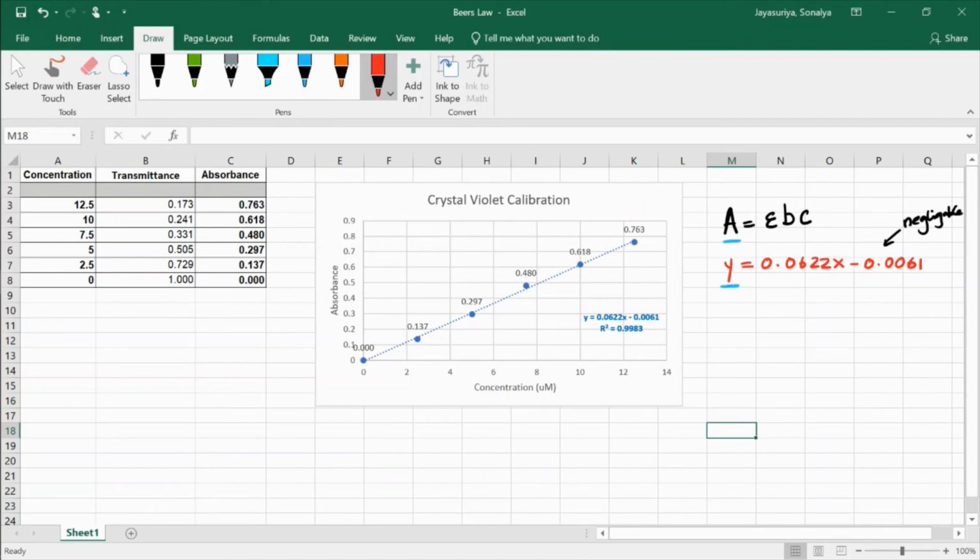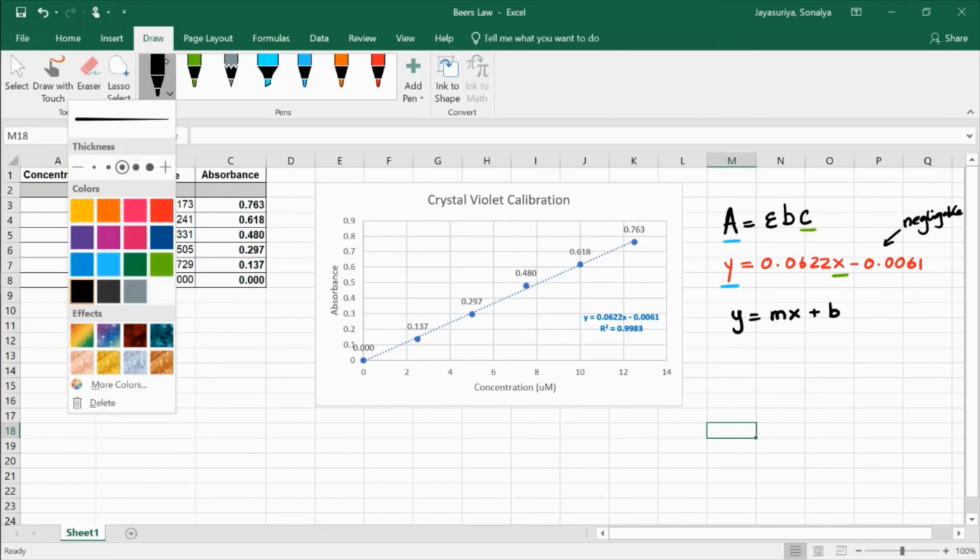And we know that concentration is the x-axis, which means you are left with the slope of an equation. So we have y equals mx plus b. We have an intercept, in this case it's negative, but the intercept doesn't matter, right? So we're just going to ignore that. I'm just going to put a little line through it.